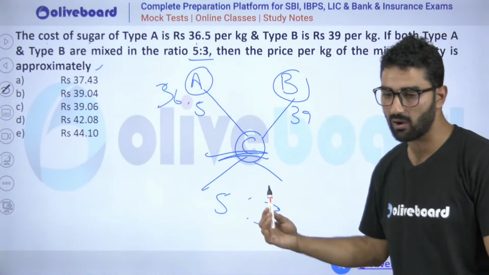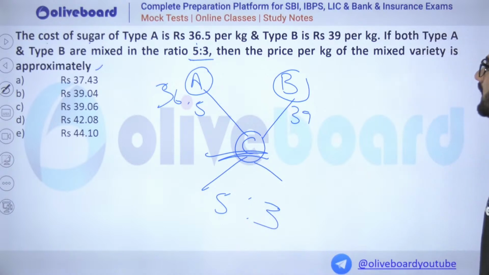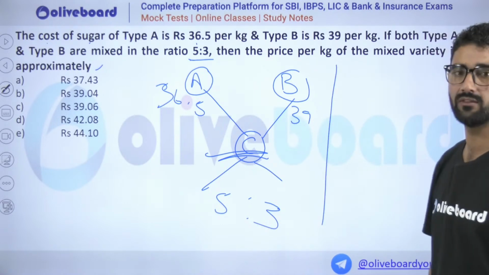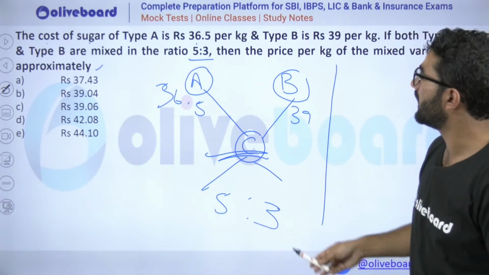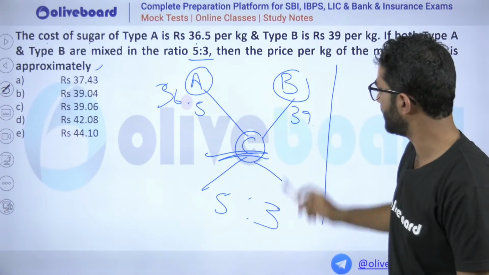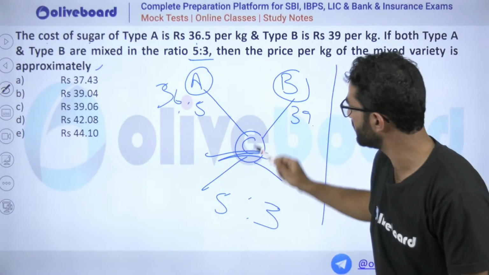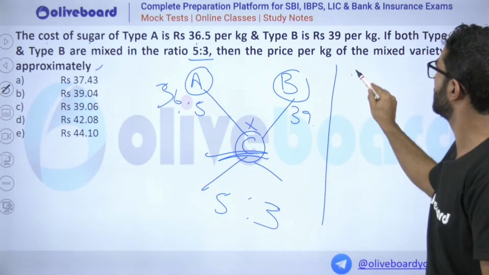So yes, my dear, how to solve? Go for it. Now you can see the question. Sir, we know that formula. What was the formula? Let me assume the mixture price is x.